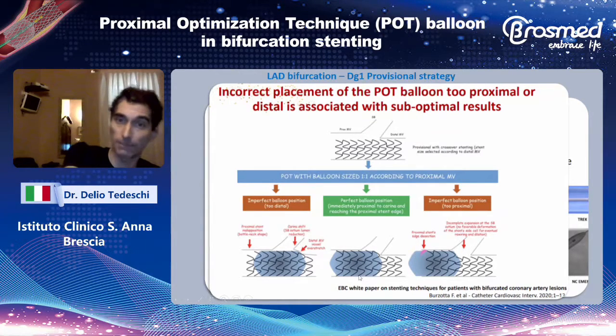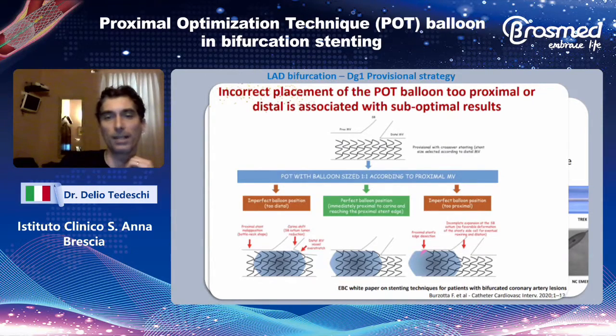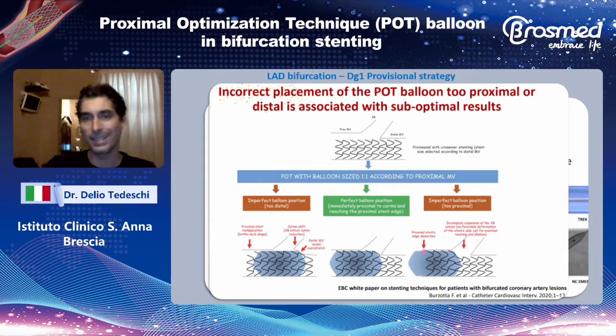If we put the balloon too proximal, we can create some dissection of the proximal main vessel. Above all, if we have a short bifurcation, or in the second problem, I think we have an incomplete expansion of the side branch ostium.